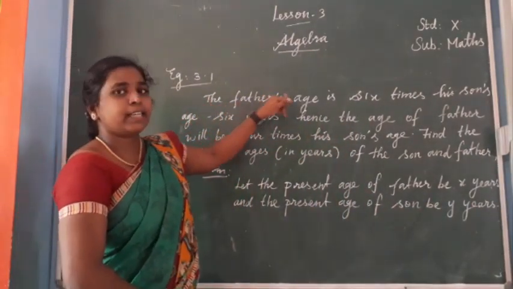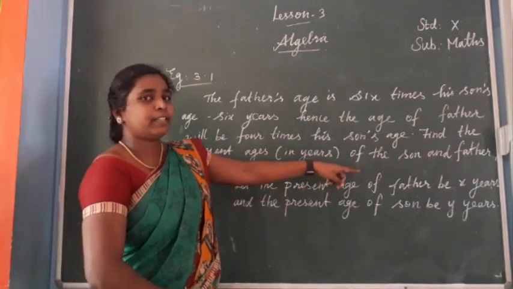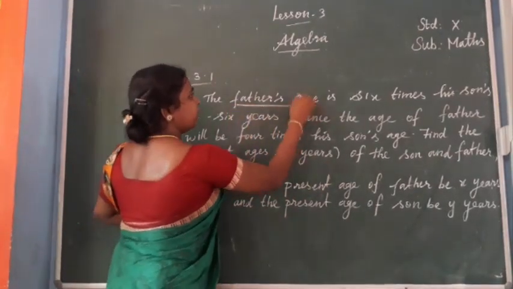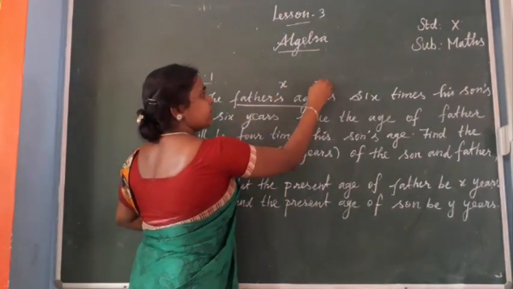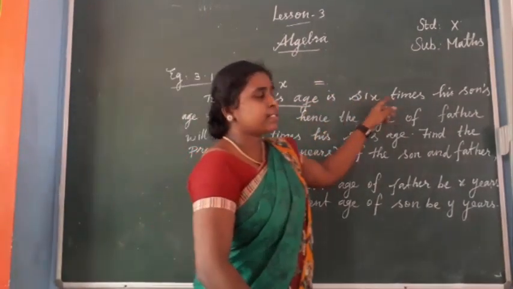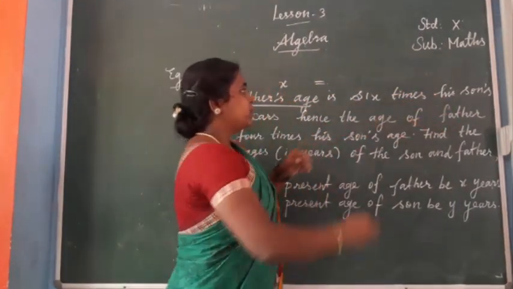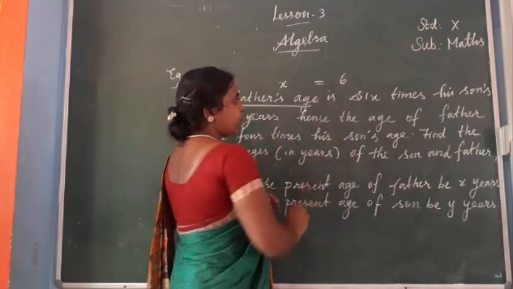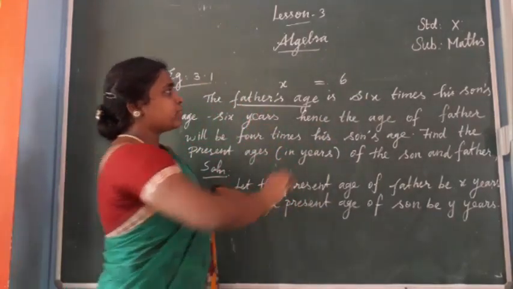We have taken the father's age as x years. The father's age is equal to 6 times his son's age. The son's age is y, so 6 into y, that is 6y.